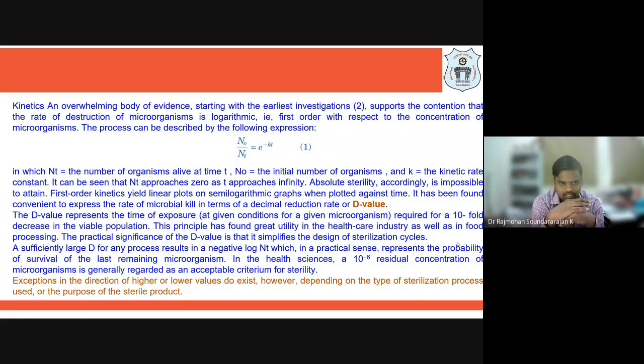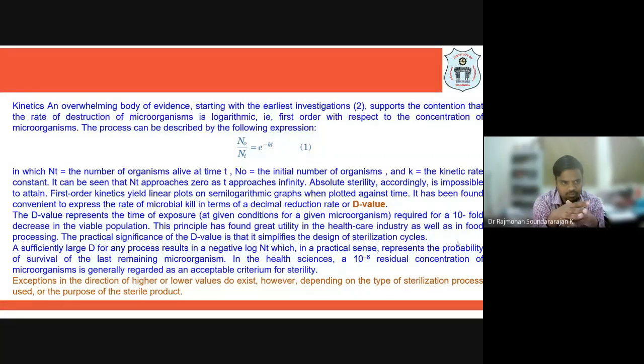K is a kinetic rate constant, and it can be seen that N_t approaches 0 as t approaches infinity. That is, the number of organisms alive will approach 0 when we have infinite time of sterilization.